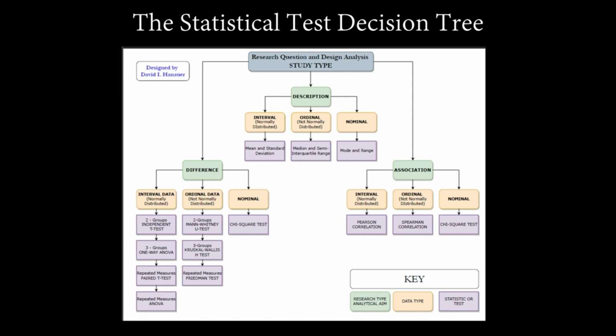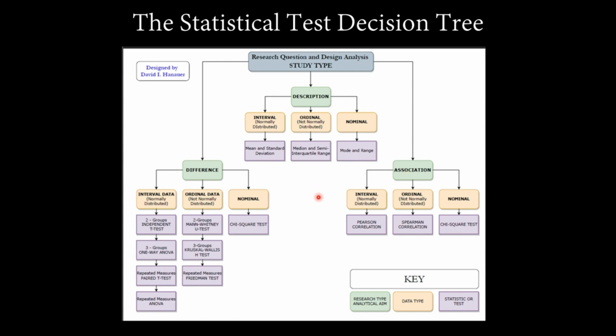So let's go, as we always do, to the statistical test decision tree and let's see where this is situated. Up until this point, we have spoken about description, research questions which deal with description, and research questions which deal with difference. Today, we're going to move on to association or relationship.